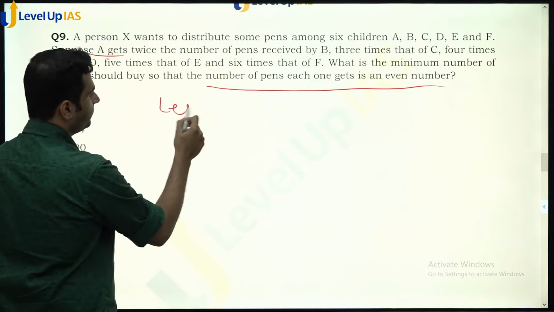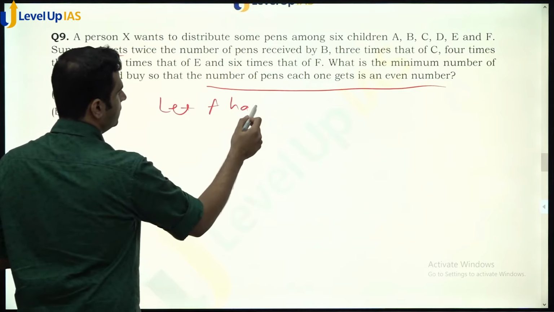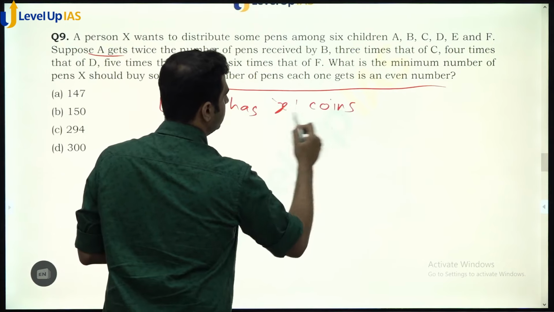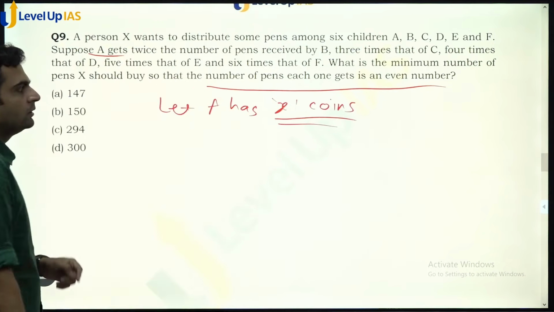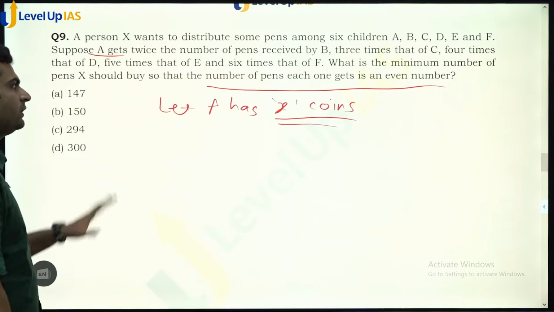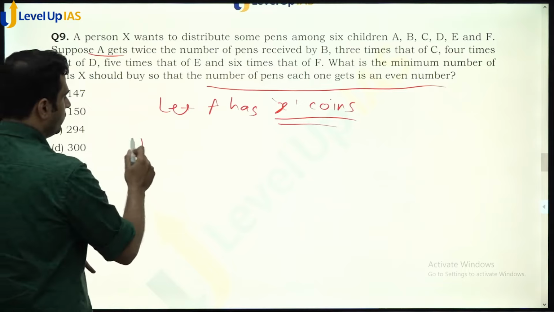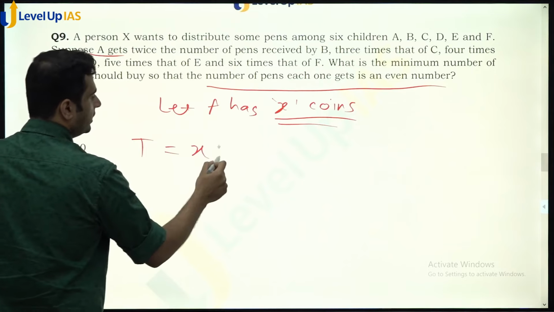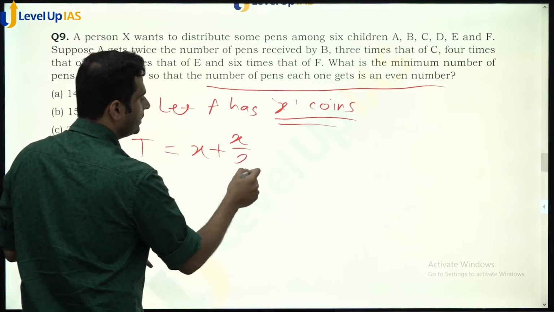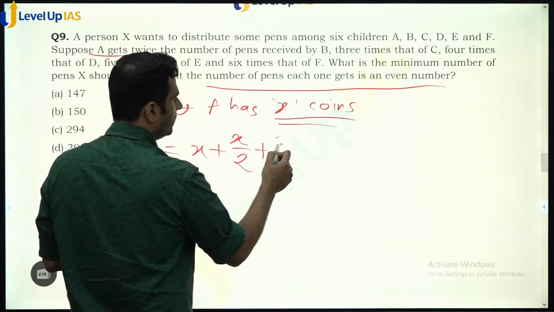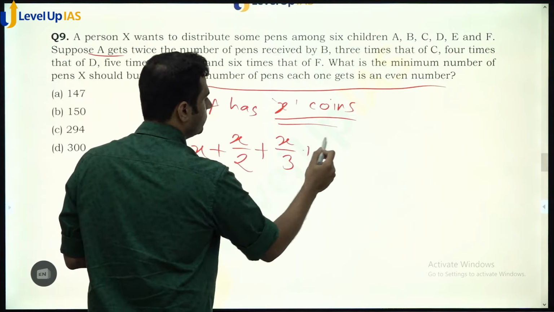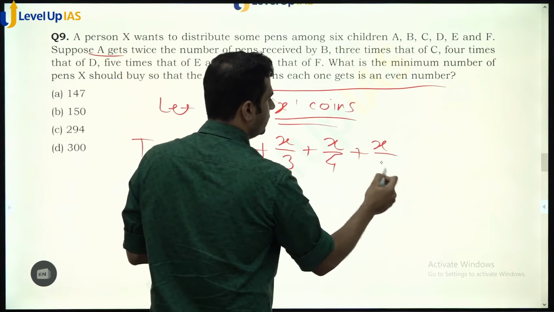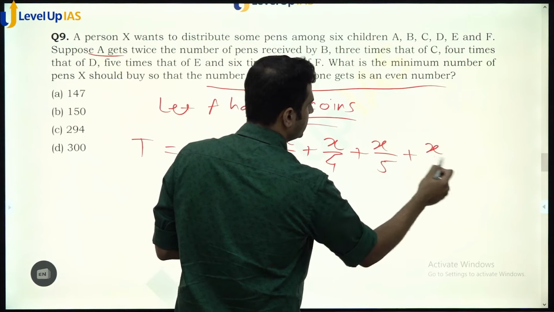So let A have X coins. Fine. Now, what is the total number of coins that we want to find out? Total number of coins is equal to whatever coins A has, plus whatever coins B has, which is half of X, plus whatever coins C has, plus whatever coins D has, plus whatever coins E has, plus whatever coins F has.